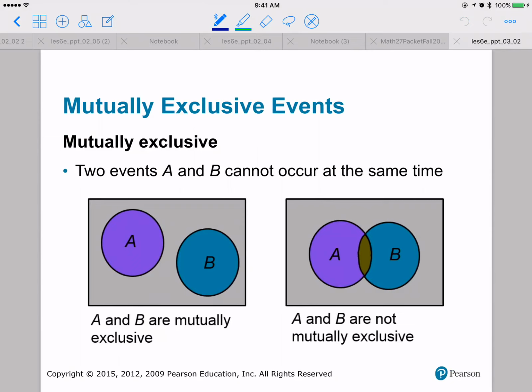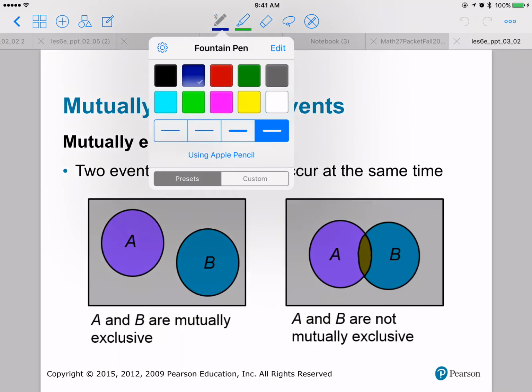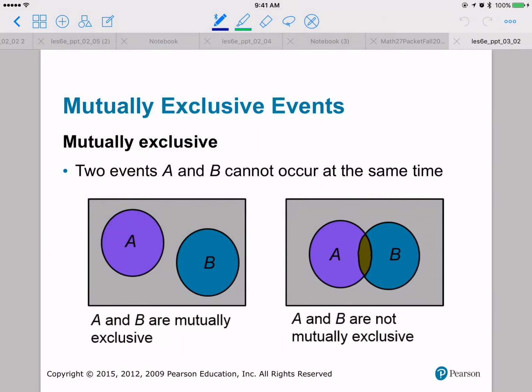So here's the definition of mutually exclusive. Two events A and B cannot occur at the same time. Easy example. Suppose our probability experiment is rolling a die. Event A is going to be rolling an even number, which would be 2, 4, 6.